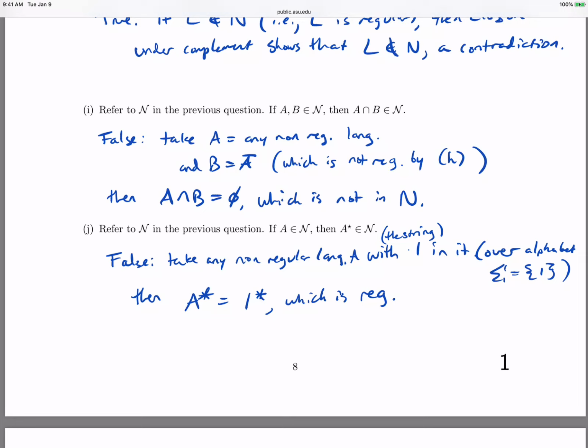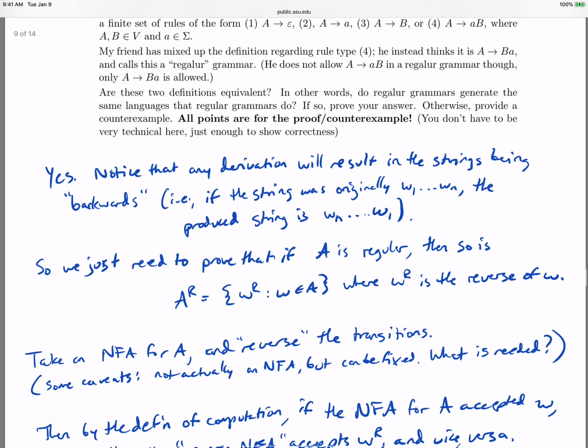I'm not sure what you mean. Well, here's a counterexample. If I take any non-regular language and its complement, both of them are non-regular, but their intersection's empty, because there's no string in both of them. Other questions about 3? Okay, let's go on to 4.